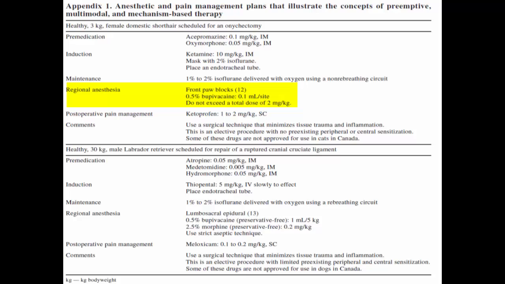And so you can see here that they are combining general anesthesia with regional anesthesia in these two protocols. And finally, they are providing an analgesic in the recovery phase for the treatment of postoperative pain. And they're using non-steroidal drugs, which is ketoprofen on the top one and meloxicam on the lower protocol.